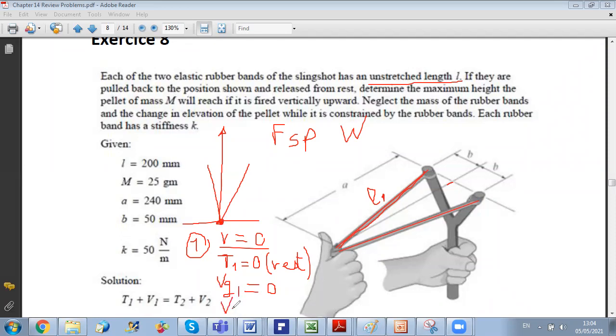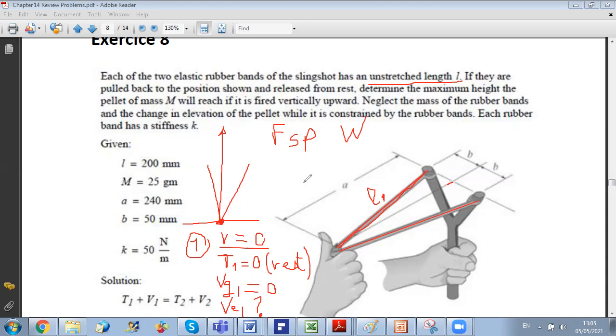Can you tell me how we calculate the elastic potential? What should we do? Yes, we have two springs, so it's 2 times the elastic potential in each spring. And what is the formula of elastic potential for each spring?